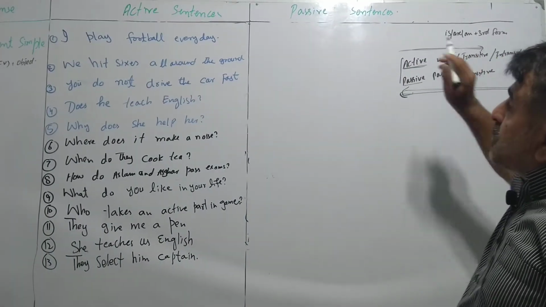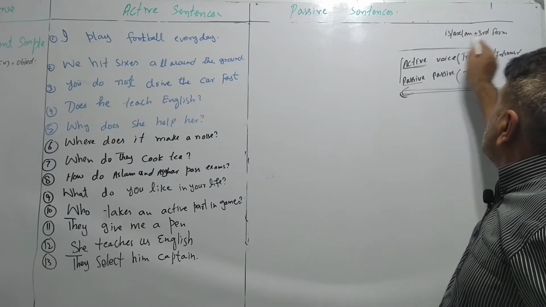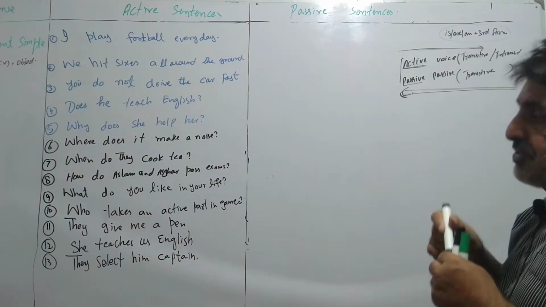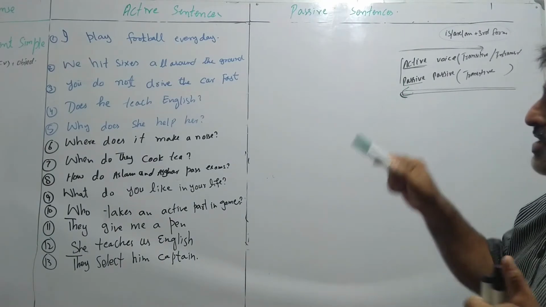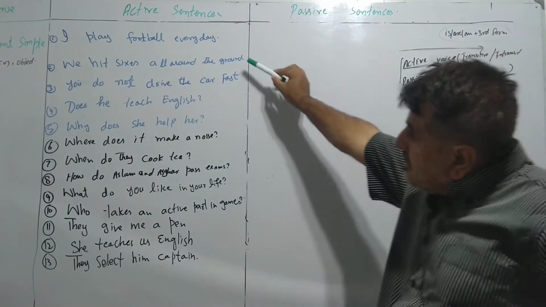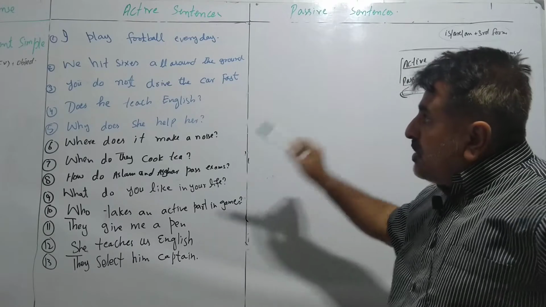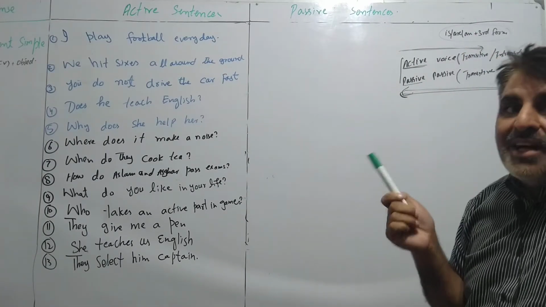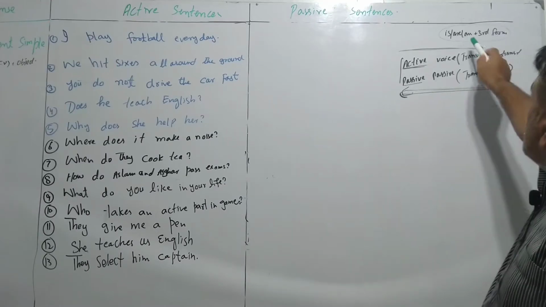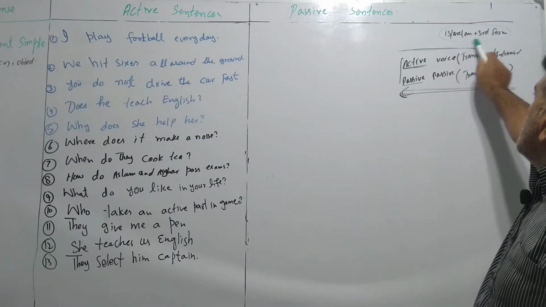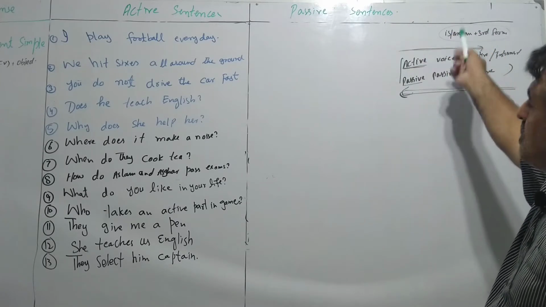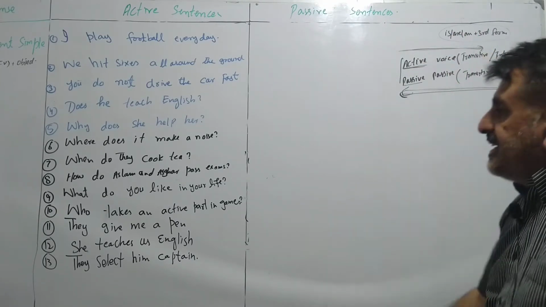So for today's topic, we have just one tense, but we have a number of structures. If we learn these structures, after that we will learn only the formula for other tenses, and we can change one sentence into passive voice easily.